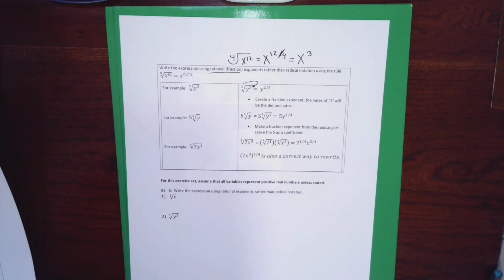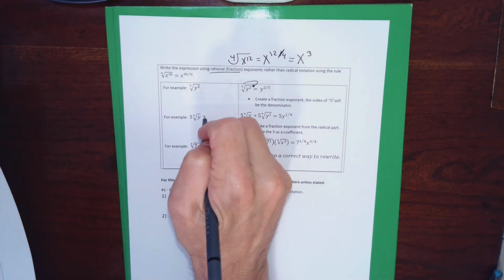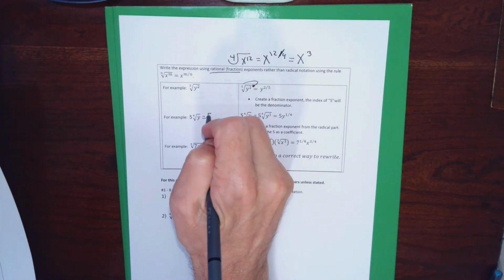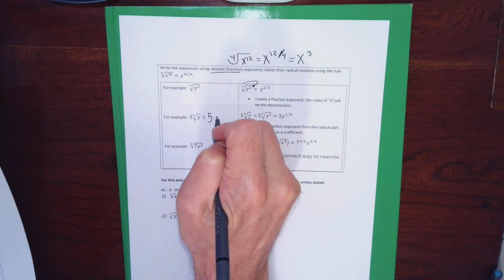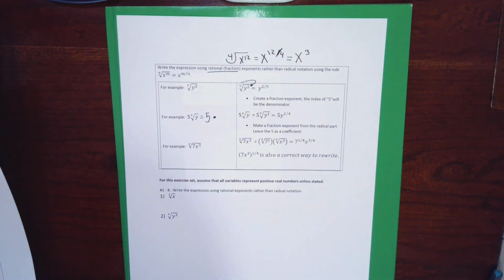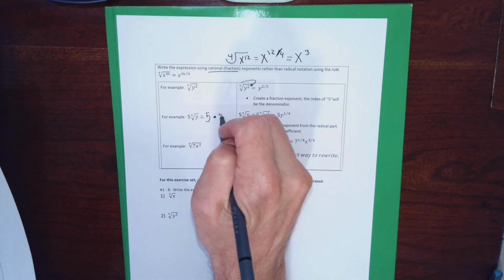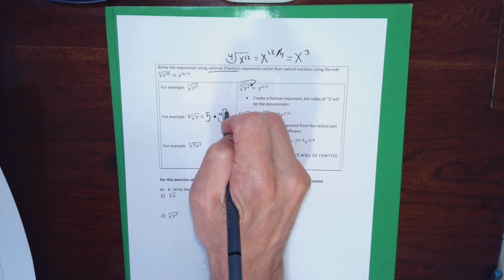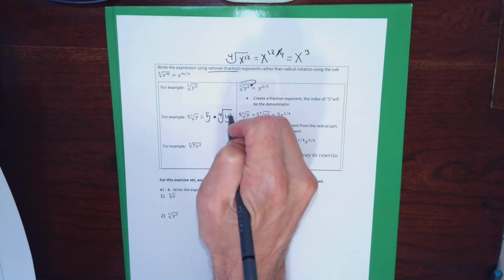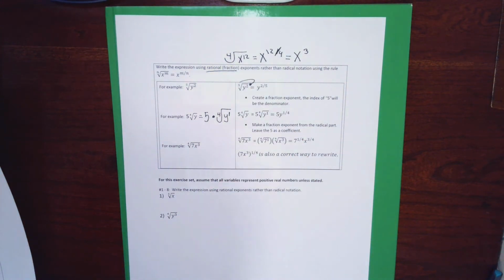In the next version of this, write 5 times the 4th root of y as a radical. I have to really, in my mind, separate the coefficient of 5 from the radical because it's not going to be part of the fraction exponent.